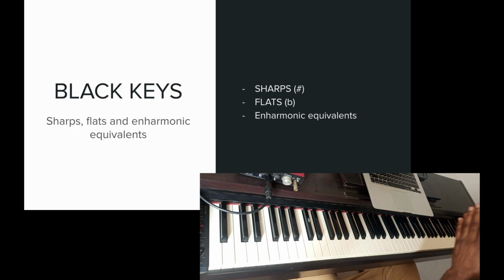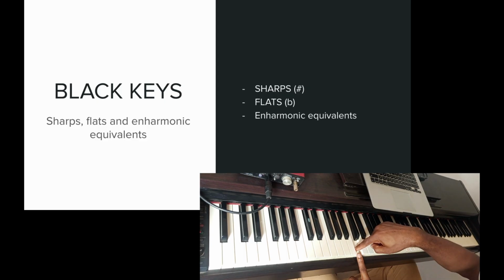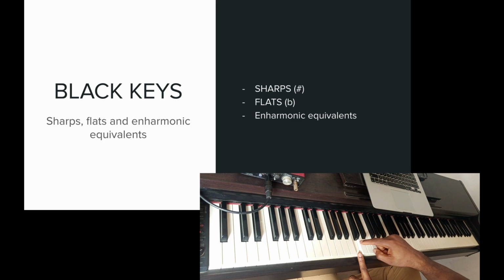So to understand what sharps are, if you want to sharpen these notes, you raise its value by one semitone, which is moving from here to here. And this is important in understanding the names of the black keys, because the black keys simply got their names from the white keys.